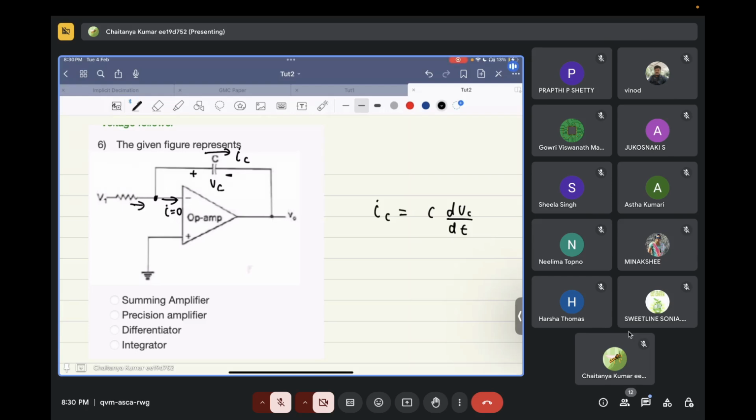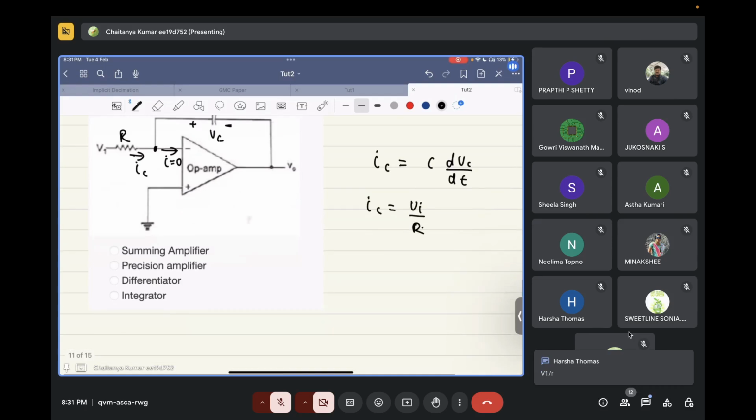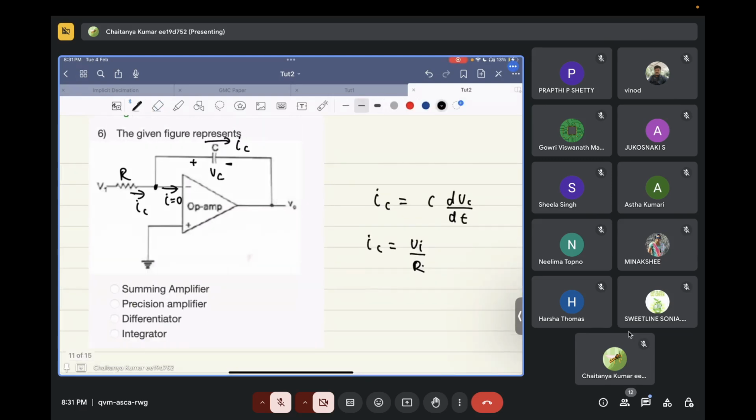And this current is equal to IC, sir. IC. And what is this equal to? So if this is, let's say, R, IC is equal to Vi by R, right? And what is output voltage? V naught.